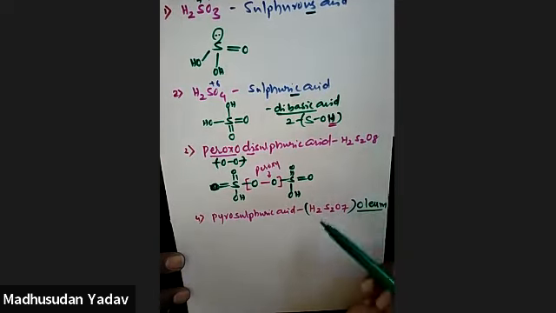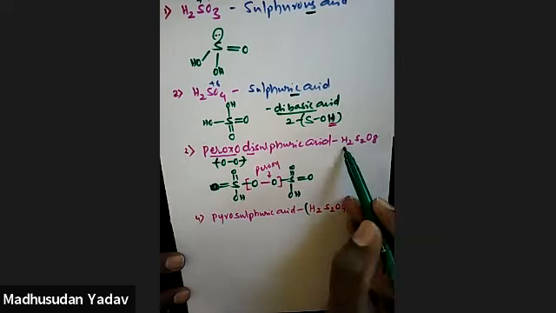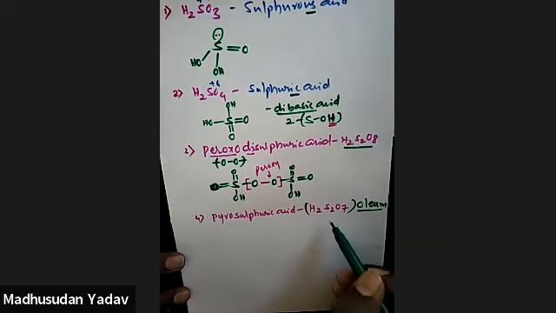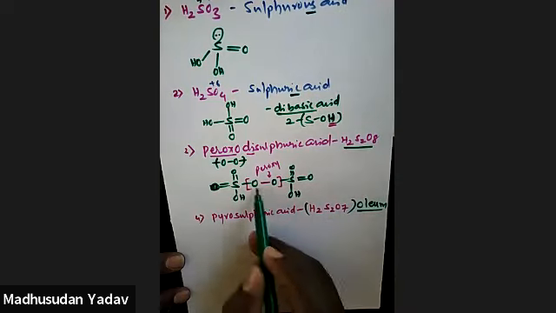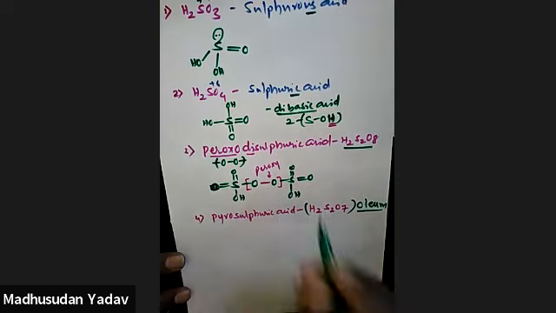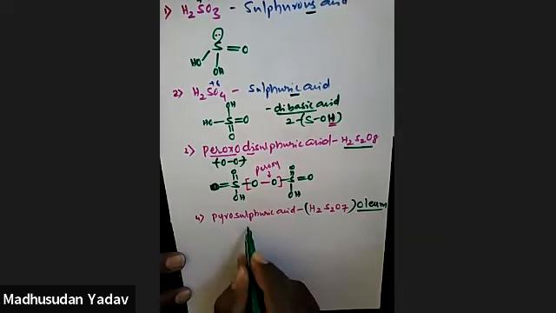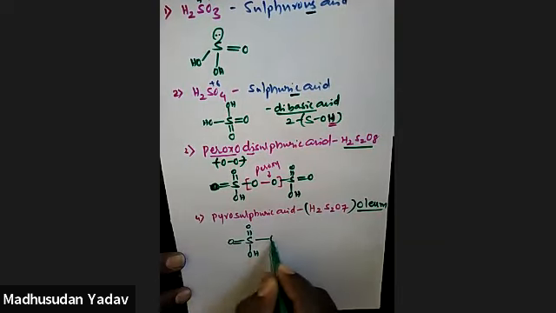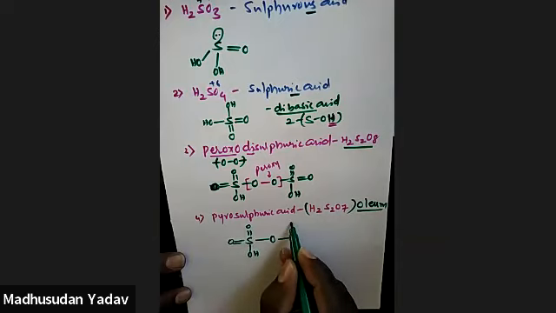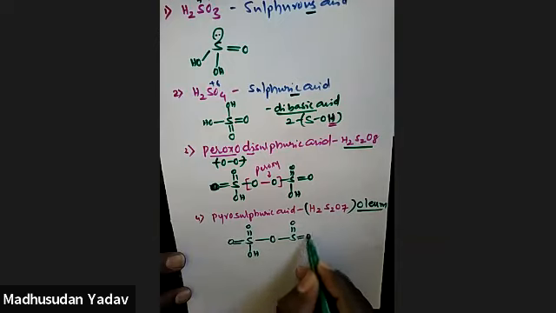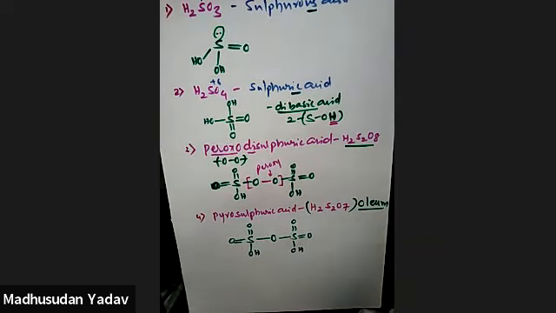One oxygen is less when compared to peroxodisulfuric acid, and oleum has only one oxygen less. So instead of a peroxo link, you have only one oxygen in between these two. If you keep two oxygens, you will get peroxodisulfuric acid. One oxygen, you will get pyrosulfuric acid.